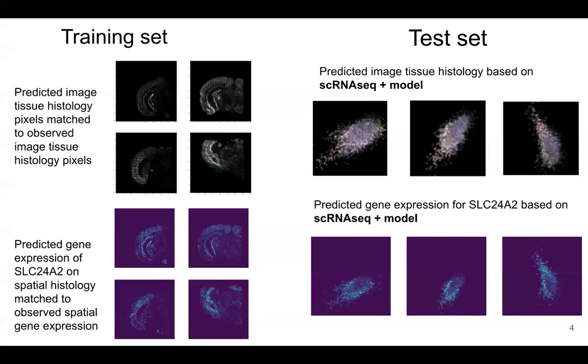So in the bottom rows, I show the expression of a gene called SLC24A2. And later, I'll show how both the observed gene expression of the spatial histology aligns with the predicted gene expression of the spatial coordinates for the single-cell RNA-seq.